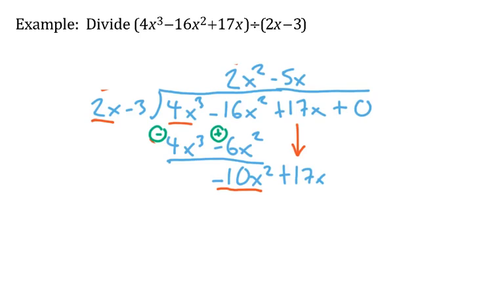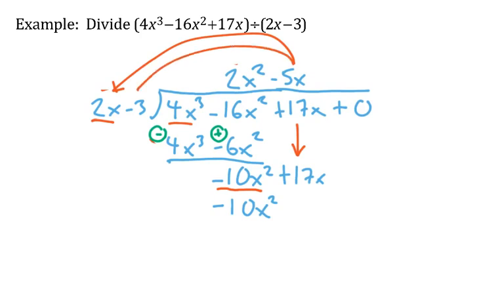Again, to see how close you are, you multiply negative 5x times 2x. That gives me negative 10x squared, which is what we want. And negative 5x times negative 3, which gives me positive 15x. That's the next approximation to the quotient, essentially.